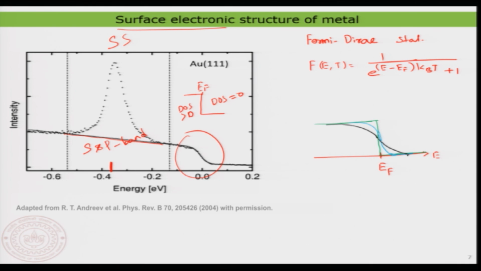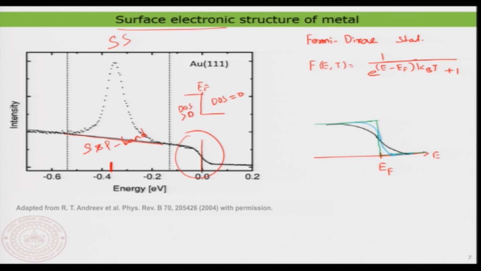So, the smearing is quite symmetric with respect to the Fermi level, and that smearing is the reason why the Fermi level that we are measuring here is not looking like a step function, it is looking like a smeared Fermi function.